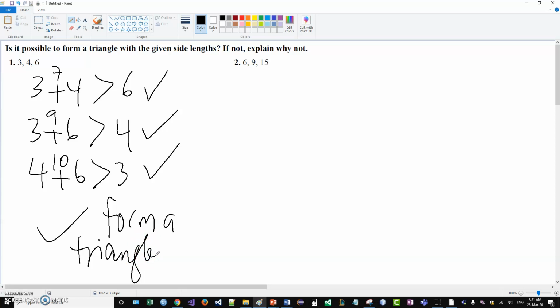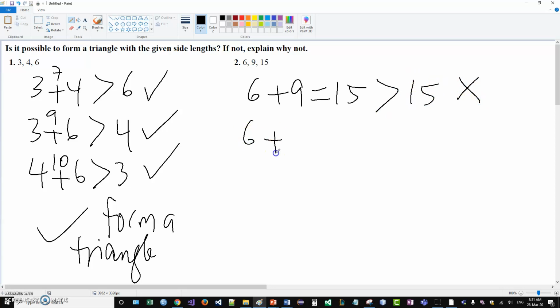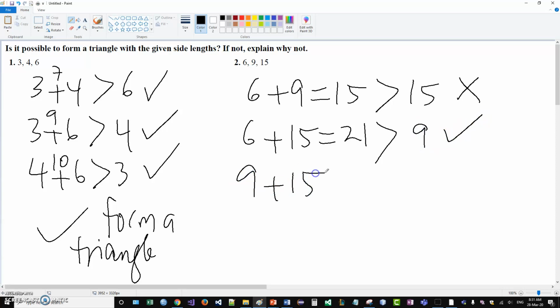Now for the second example, 6 plus 9 equals 15. Is that greater than 15? No. 6 plus 15 equals 21. Is that greater than 9? Yes. 9 plus 15 equals 24.